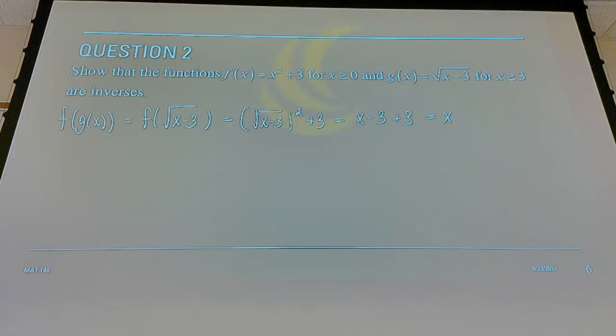And keep in mind we were allowed to throw g of x into f, because in g it said that x had to be greater than or equal to 3. So the square root, so g itself is greater than or equal to 0.